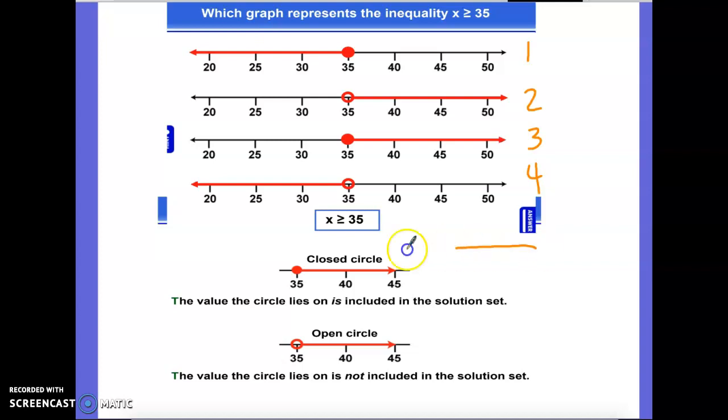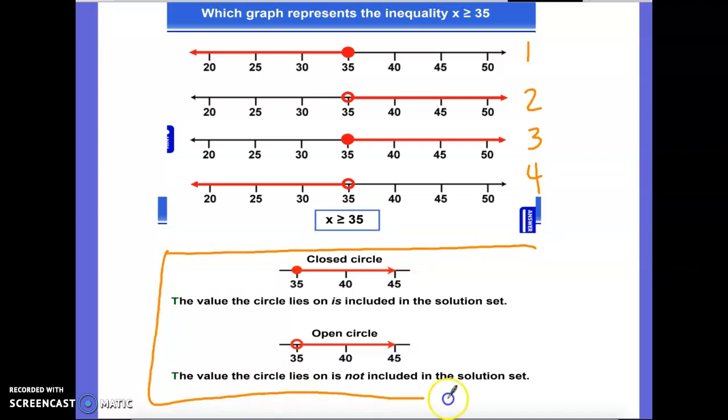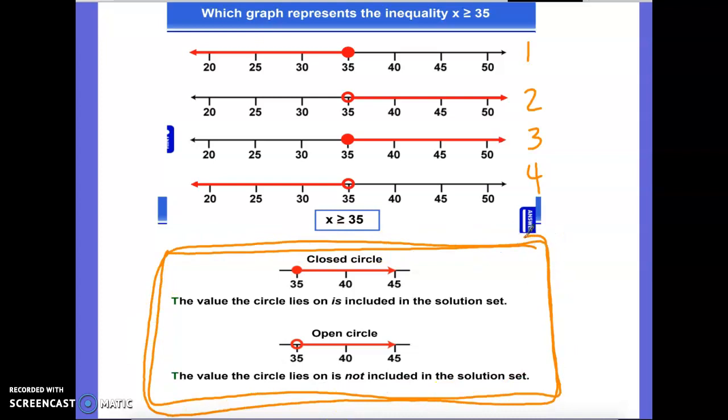You need to write this down right here. If you need to pause, pause it so that you can write that down. If you have a closed circle, that means that the value is included in the solution set. That means that on this one, this is 35 or more because it has this closed-in circle.